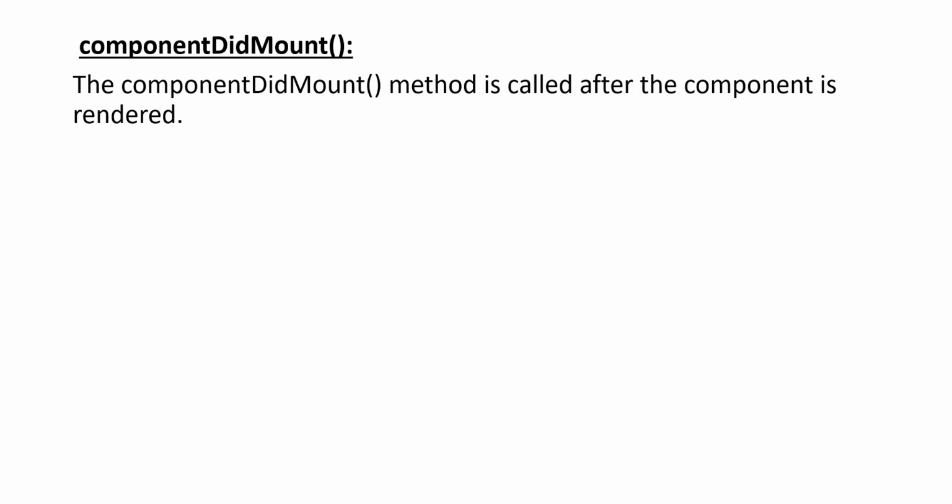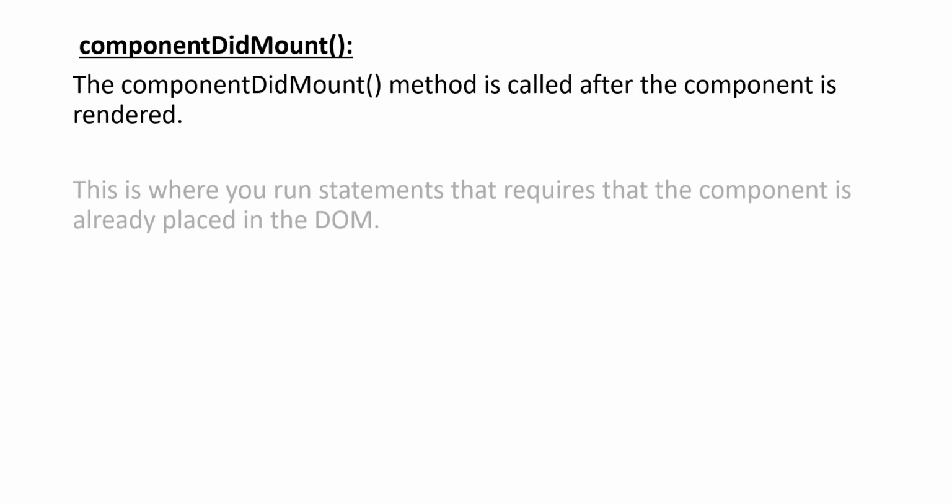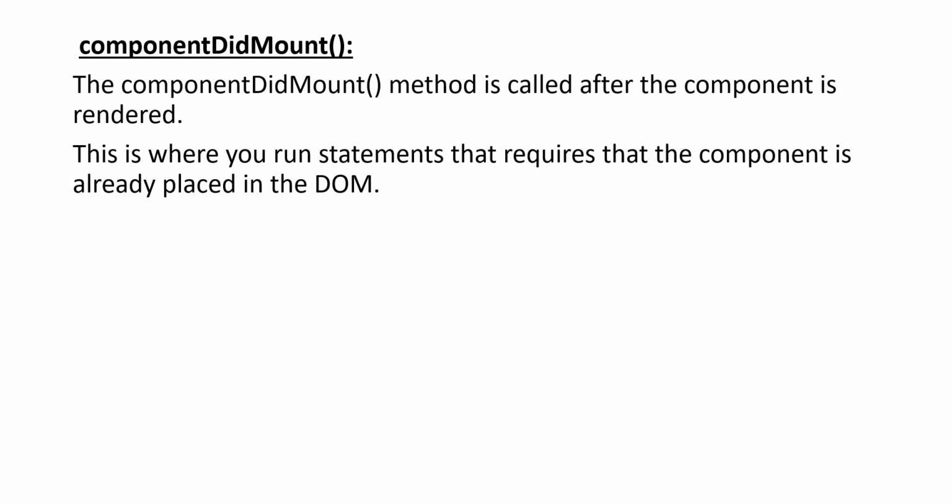This method is executed once in the life cycle of a component, after the first render. This is where you run statements that require that the component is already placed in the DOM. This is the simple syntax of this method.